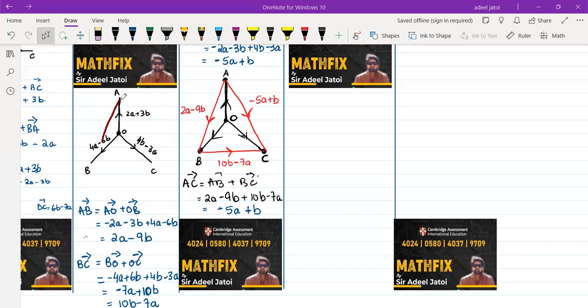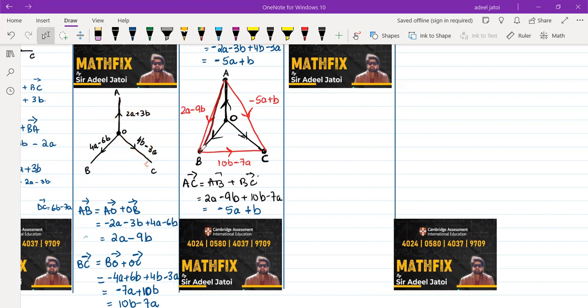So that means the route does not matter to reach the same point. The important thing is that the direction and the magnitude should be given to find out the other magnitude. Here we found out AB through AO and OB. We found out BC through BO and OC. We found AC from AO and OC.